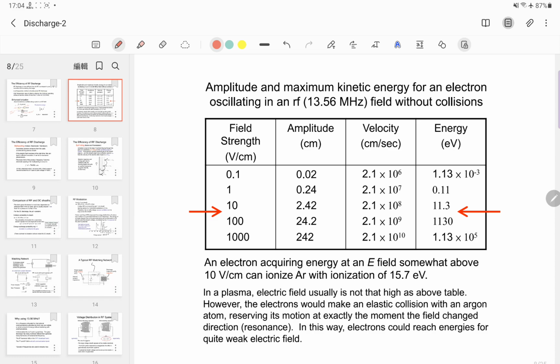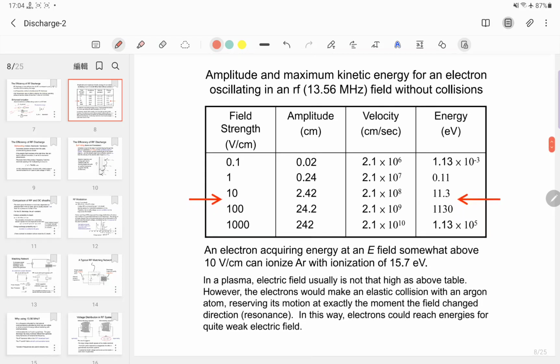If the moment of the change of direction by elastic collision with another atom meets the change of direction of the RF field, electrons can be accelerated continuously, so that the energy of the electron can be higher than the energy listed in this table.